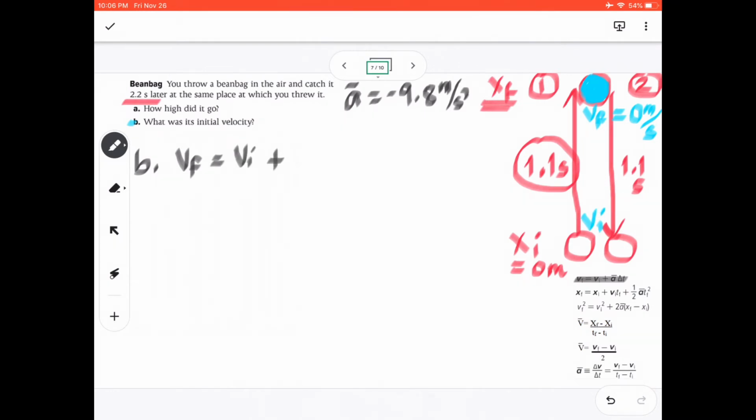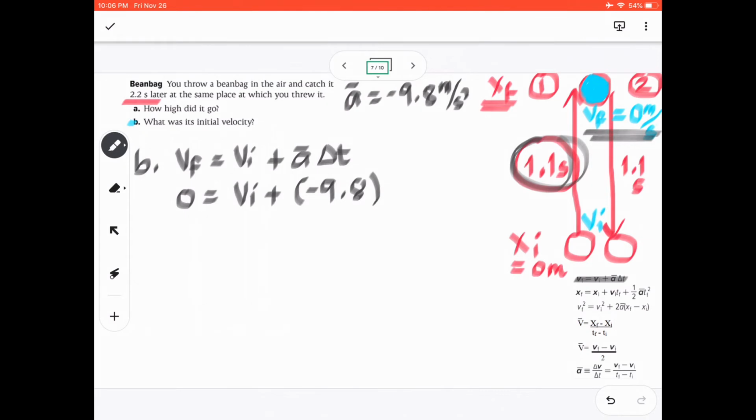The delta T that we're going to use will be 1.1, not 2.2, because we're just going to solve for one part of the journey. So the VF, as it reaches the top, is 0, equal to VI, which is unknown, plus A, which is negative 9.8, and delta T is 1.1.